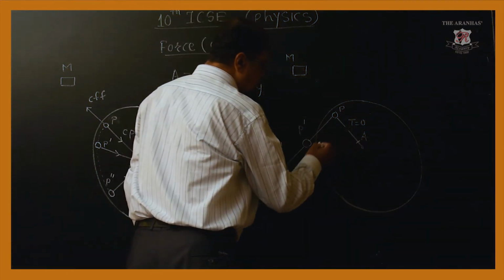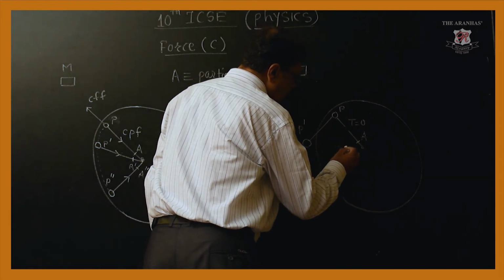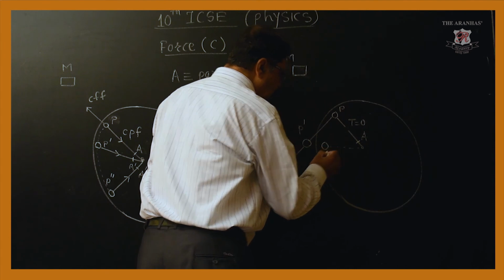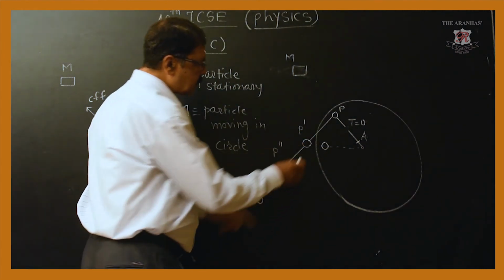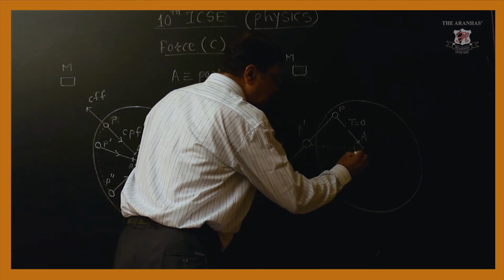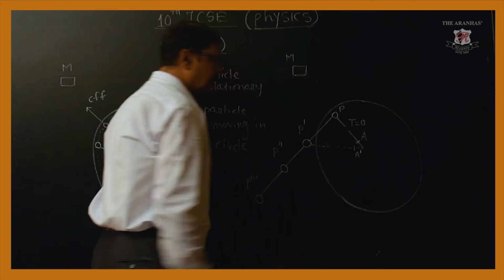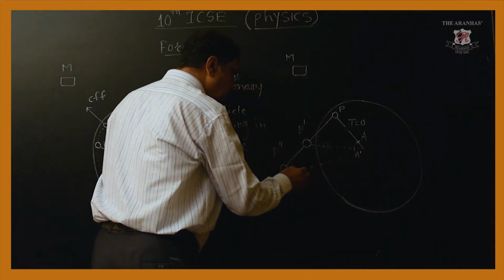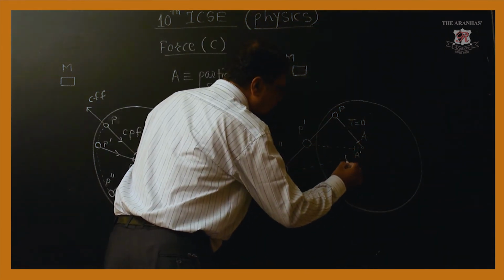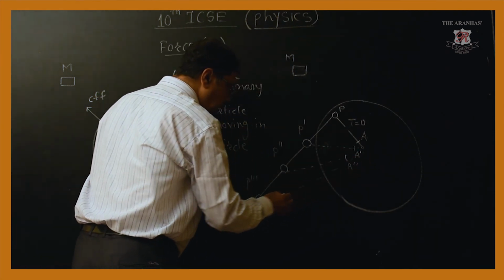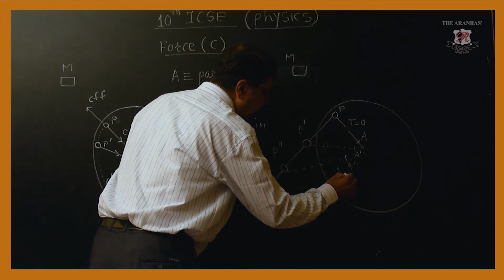What about this person? When the stone reaches this point, the person here reaches A dash. When the stone reaches this point, the person reaches A double dash, and so on, for this point, A triple dash.